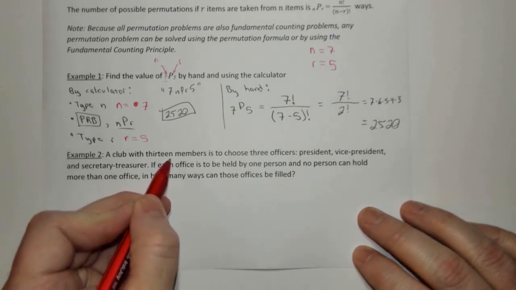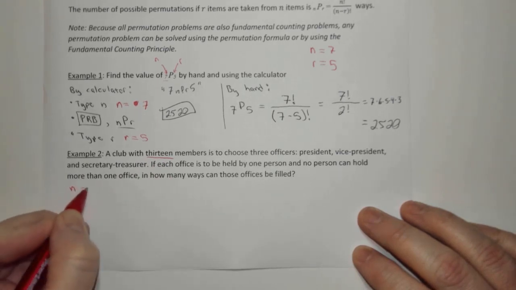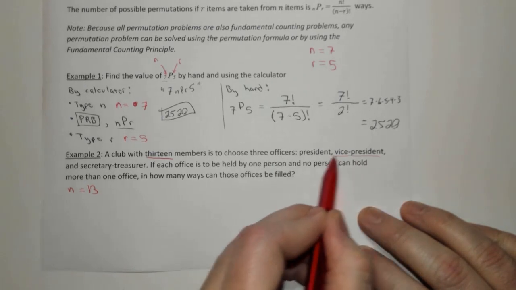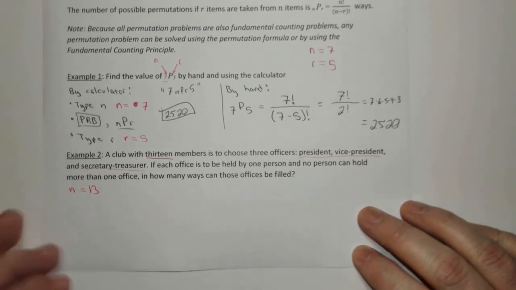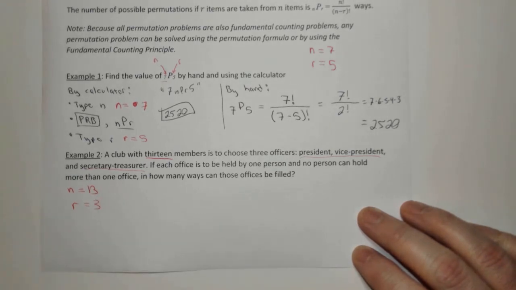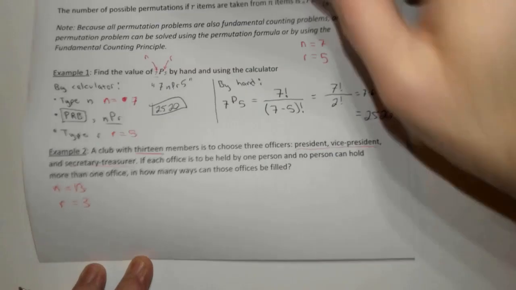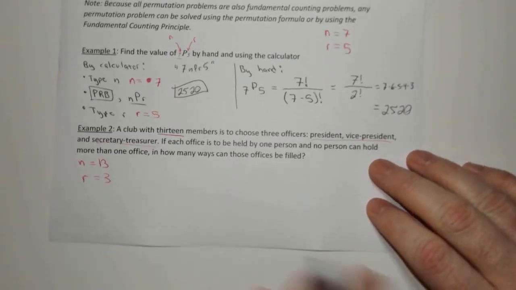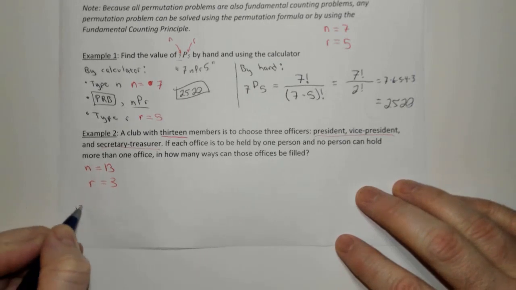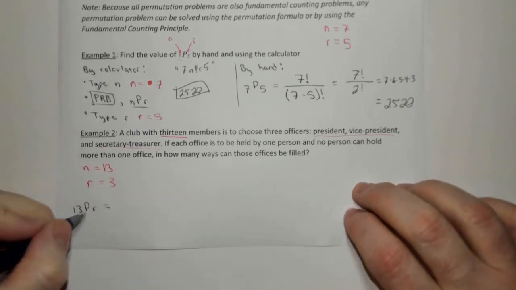So we have 13 members. That's our n because that's the total amount. We have president, vice president, secretary, treasurer. Those are 3 titles, all distinct. And so now we can just plug that in the formula. 13P, I'm sorry, 13P3.